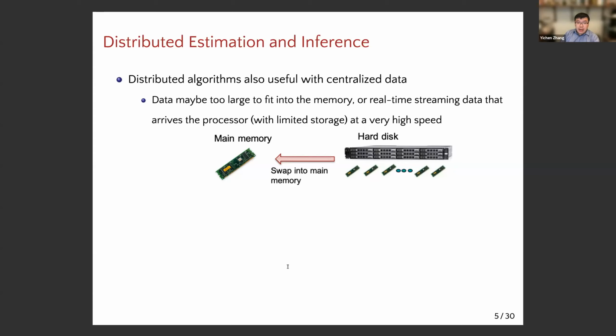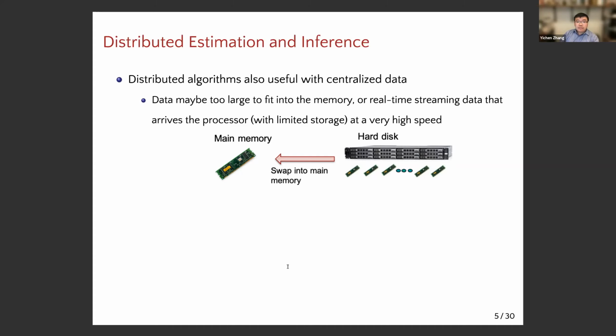But the main memory of our computer is basically tens of gigabytes. So if the data is too large to fit into the memory, most of our existing statistical methods, which rely on optimization tools to get the estimators, would not work because we are not able to compute those.